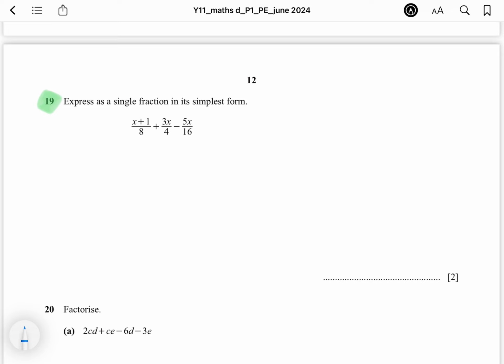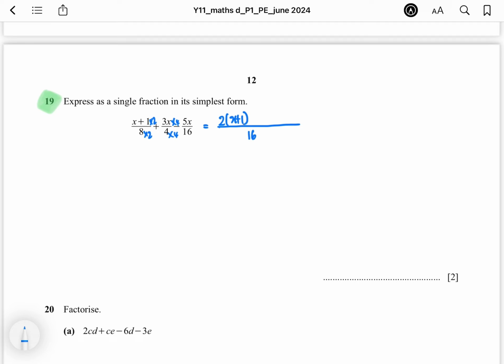Next one here is on simplifying an algebraic fraction. The same thing as a fraction. So look at the denominator. The least common multiple for 8, 4, 16 will be 16. That means you multiply this by 2, multiply this by 4, and that one stays, 16 stays.